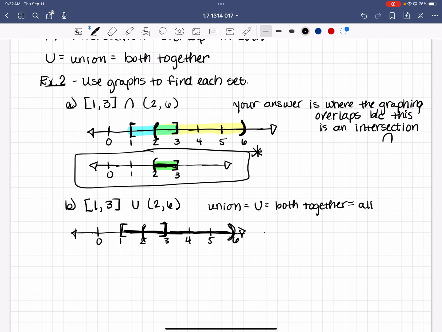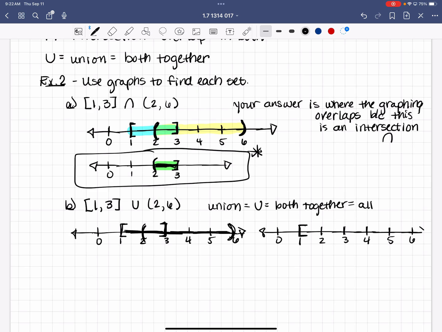So our answer will be, who's my lowest value I have marked on there? 1? So I have a bracket at 1. And then I'm going all the way to 6. And I didn't leave myself enough room. I can get it.